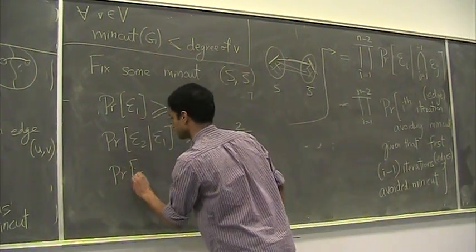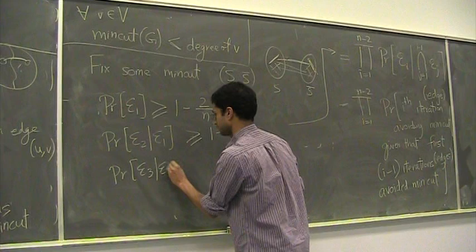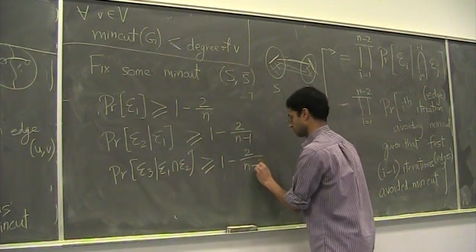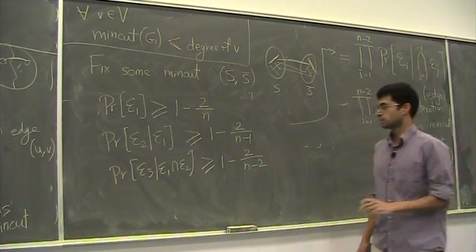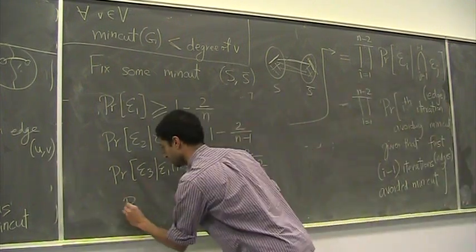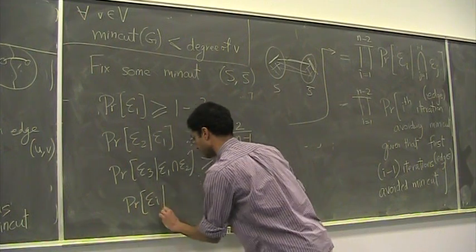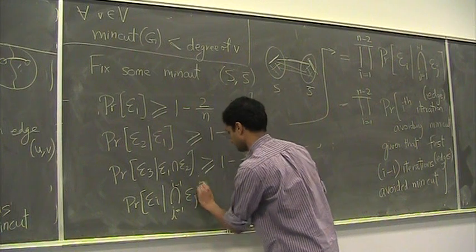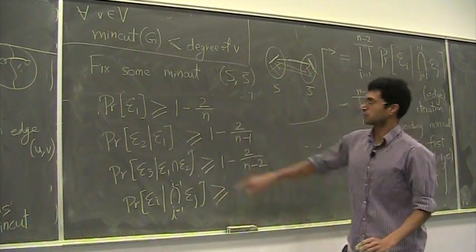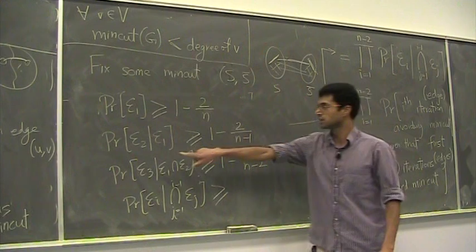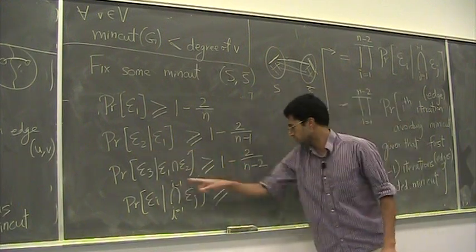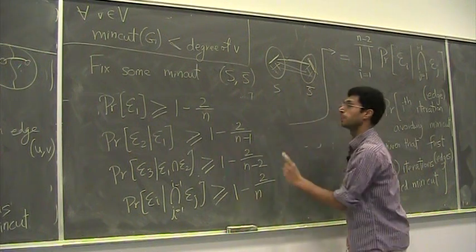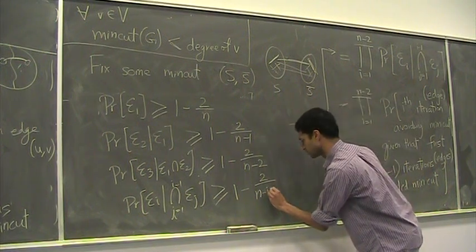If you're looking at what is going to happen at the ith iteration, in the first iteration there are n vertices, in the second there's n minus 1, in the third it's n minus 2, so you'll get n minus i plus 1.